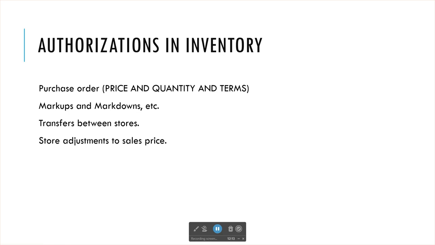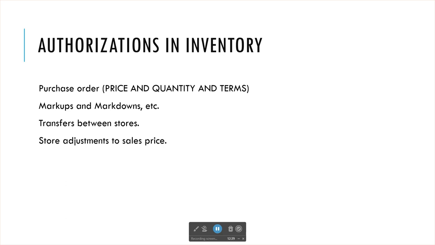Authorizations happen in inventory. This is a part of internal control discussion, and you see it within your chapter in your reference. I think it's chapter 6. But the purchase order itself has to be agreed upon, and as we said before, there's responsibility for that also in the particular buyer, who's the one that's responsible for those inventory items.